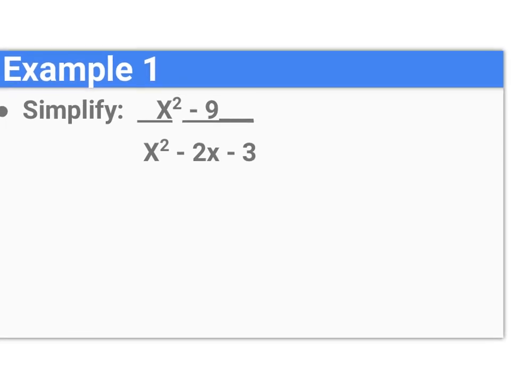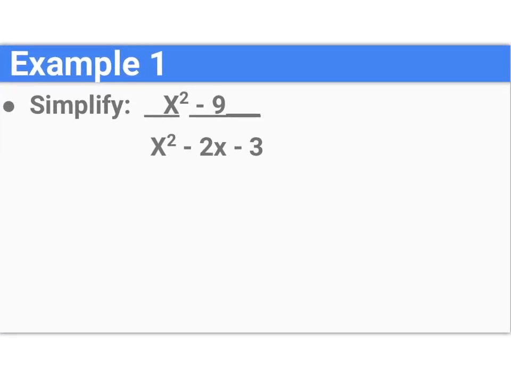If you recognize the top trinomial, which is a difference of squares, we're going to take that as x minus 3, x plus 3. And now, to factor the bottom trinomial, 3 has two factors, 3 and 1.